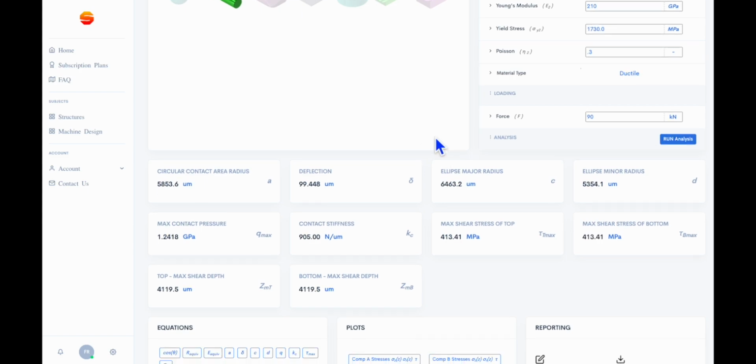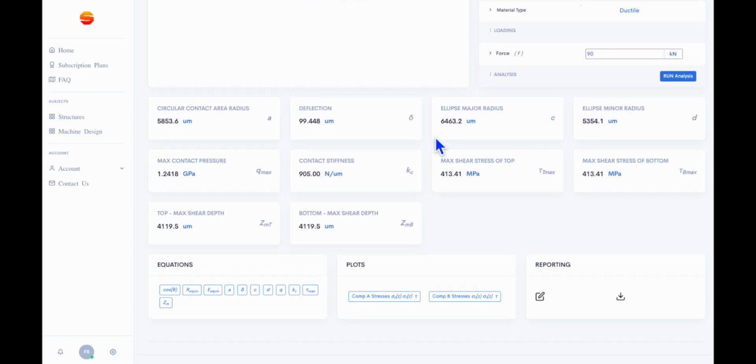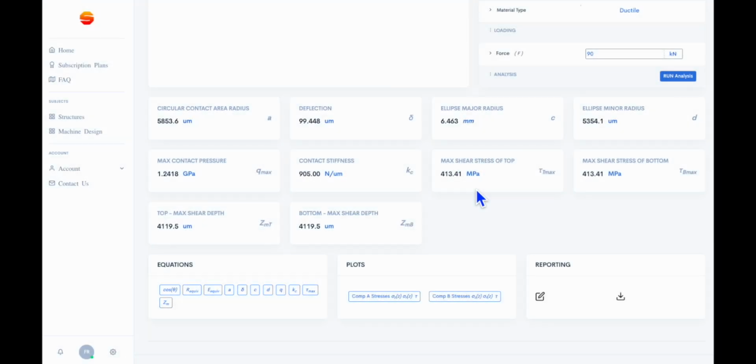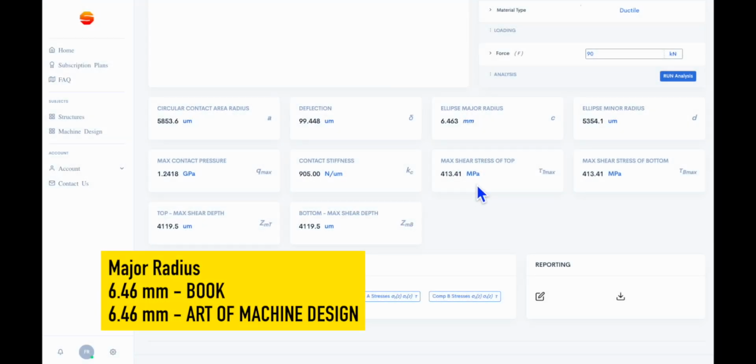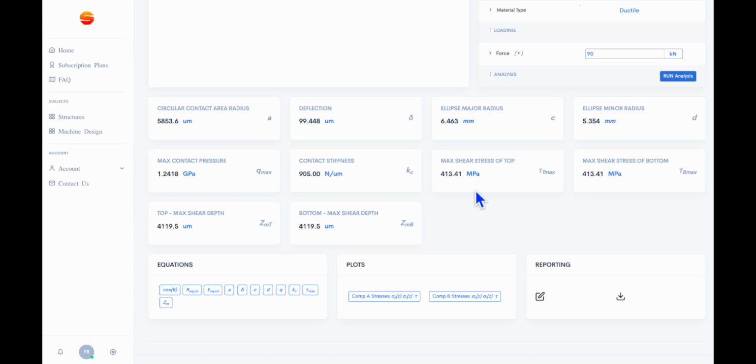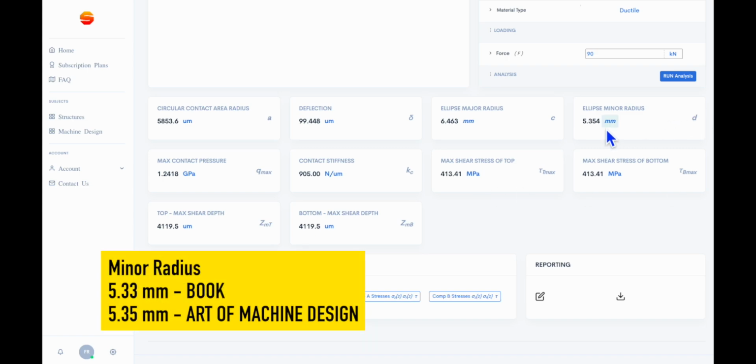Let's run this, and based on the Yugoro example, it tells us that our major radius in millimeters is 6.46. We get exactly that. Our minor radius in millimeters is 5.35, and the book says 5.33. So we're perfect on that.